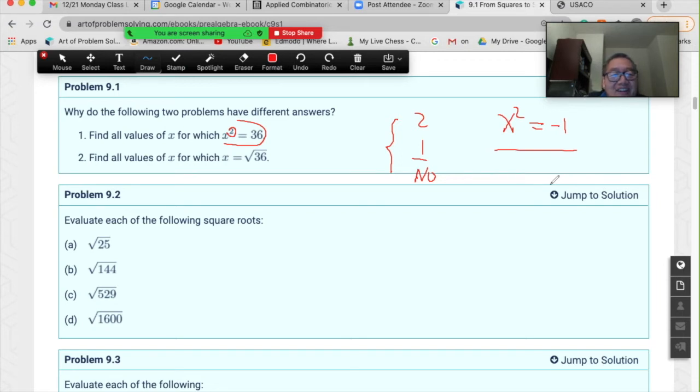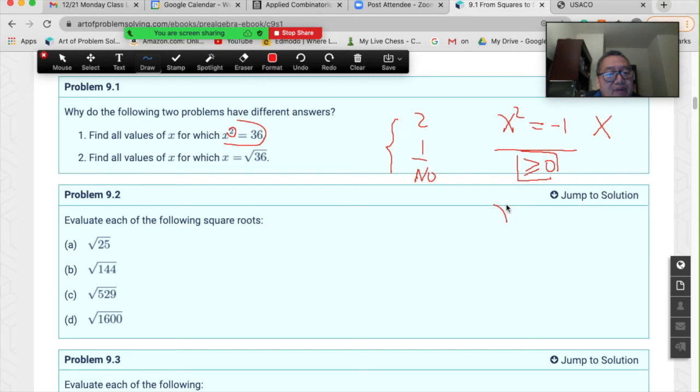So if x is limited to a real number, this has no solution, because any number you square should be positive or equal to 0, right? How do you get a square equal to negative 1? So if x is a real number, this equation has no solution. No x can make its square give you negative 1, right?